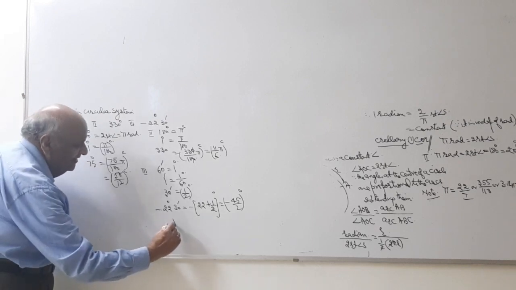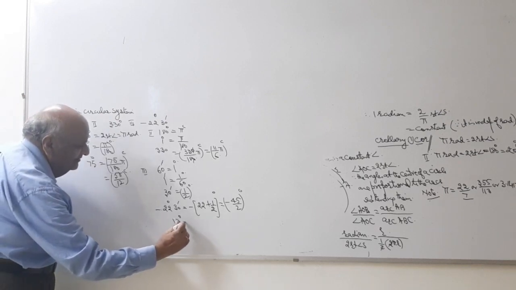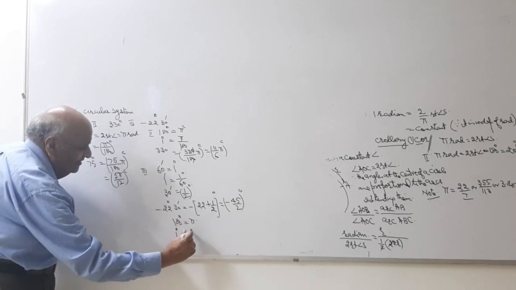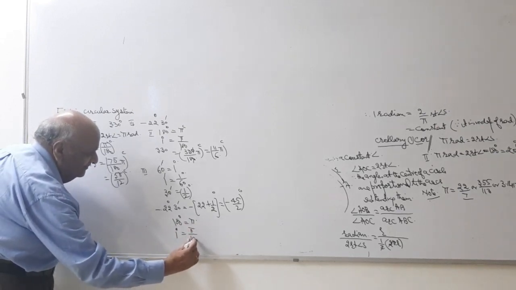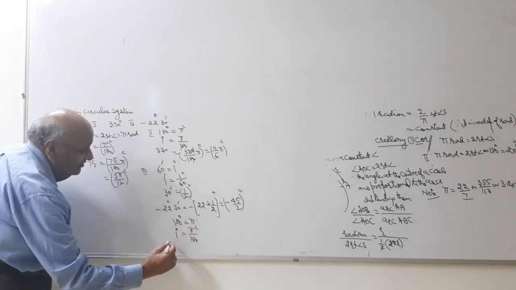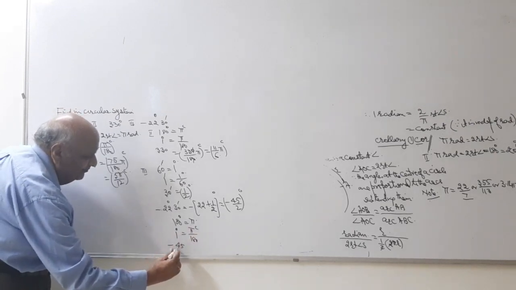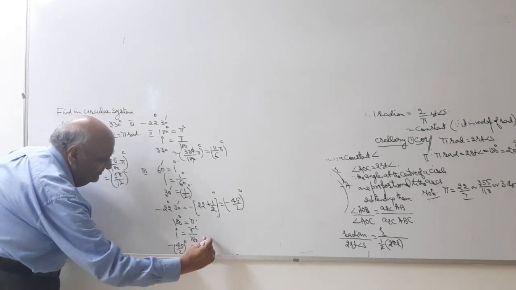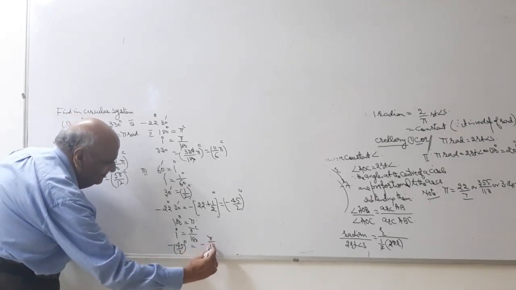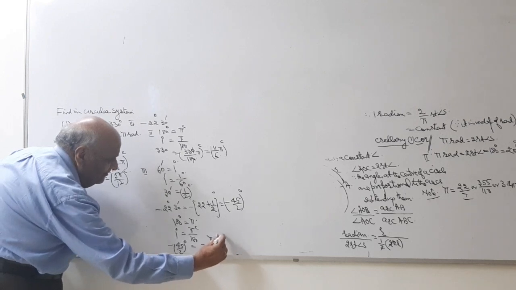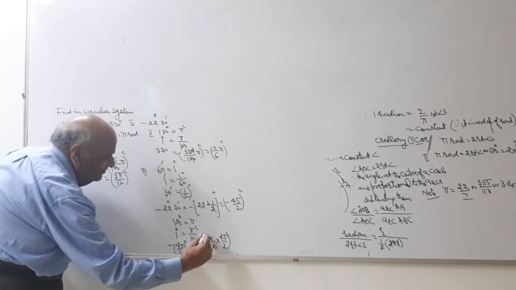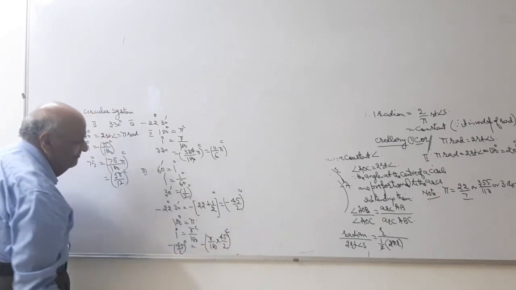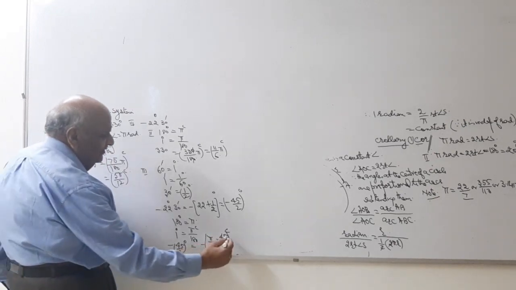See, 180 degrees is equal to pi radians, 1 degree is pi upon 180 radians, so minus 45 upon 2 degrees is equal to minus pi upon 180 into 45 upon 2 radians. Simplify this, you will get the result.